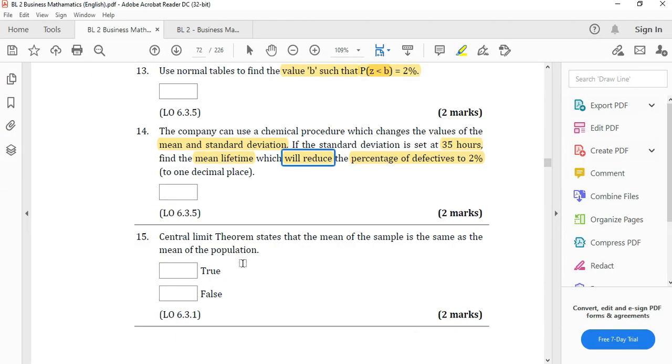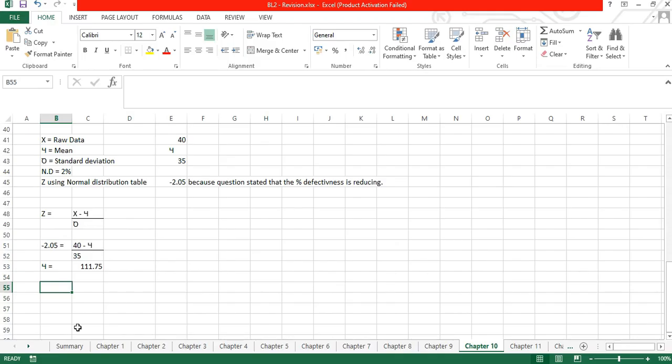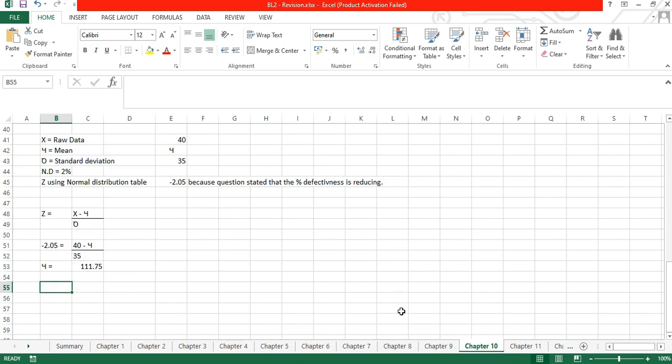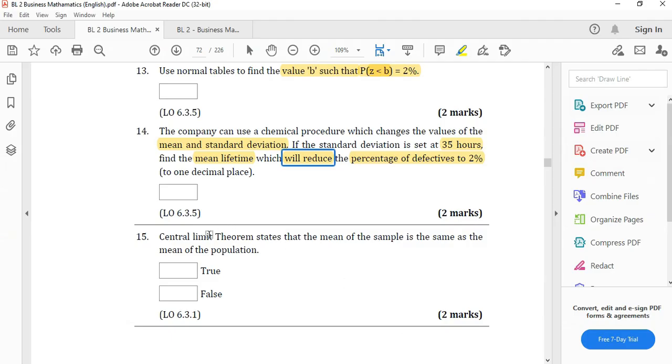Let's next go to the 15th question. So the 15th question says, central limit theorem states that the mean of the sample is the same as the mean of the population. Is it true? No, it isn't.